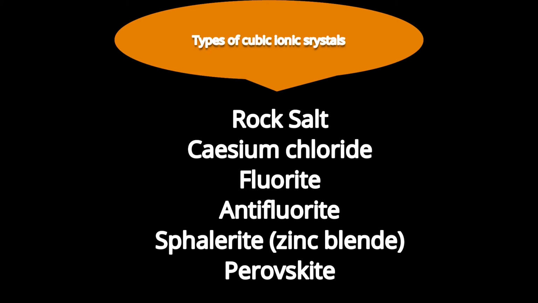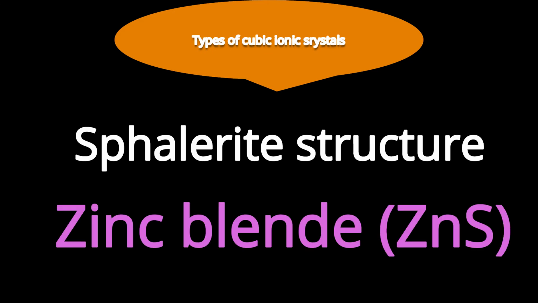Number three, fluorite. Number four, antifluorite. Number five, sphalerite, of course, zinc blende. Number six, perovskite structure. Let us learn in this part the sphalerite structure, the zinc blende structure.